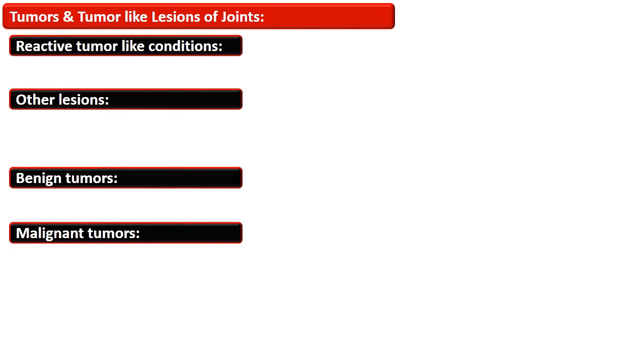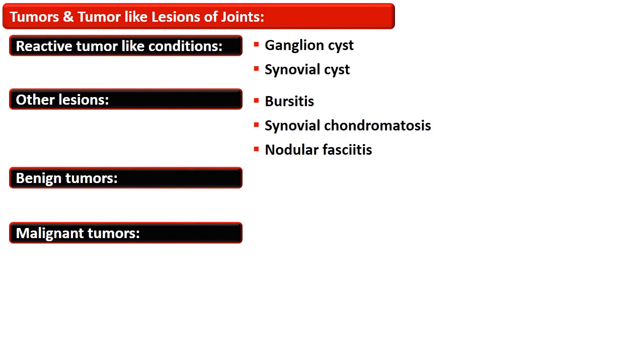So we can summarize the tumor and tumor-like lesions of the joint into some categories: reactive tumor-like conditions, benign tumors, or malignant tumors. The reactive tumor-like conditions are ganglion cyst and synovial cyst, while the other lesions are inflammatory lesions such as bursitis, synovial chondromatosis, or nodular fasciitis.